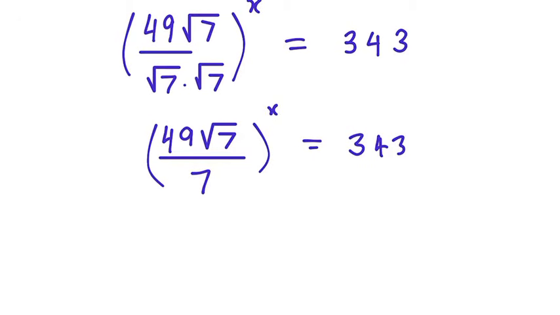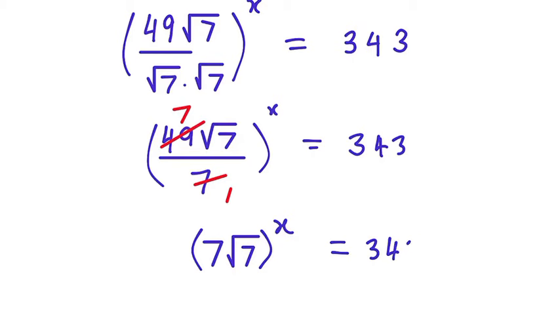Moving on, 7 in 49, we're going to have 7, and 7 in 7, we're going to have 1. So we're left with 7 root 7, to the power of x equals 343.